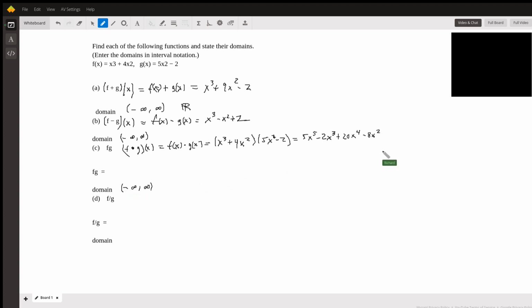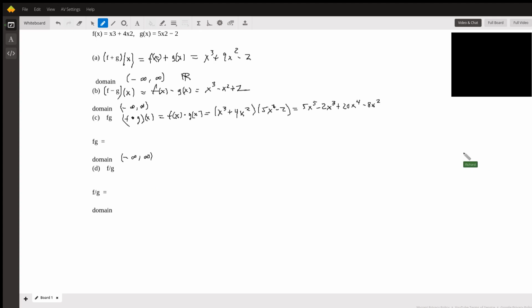The only somewhat difficult one, really, is the division. And this is supposed to be written f over g of x, like this, with a nice bracket around it. And this is just f of x over g of x, and this does require a little bit of thought.